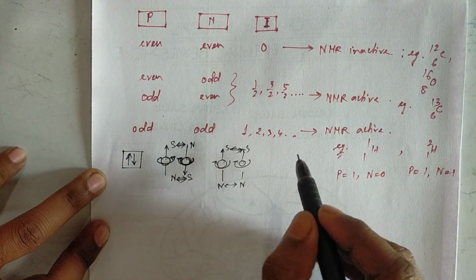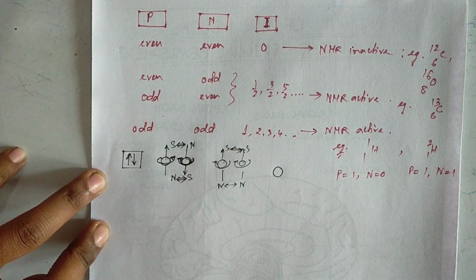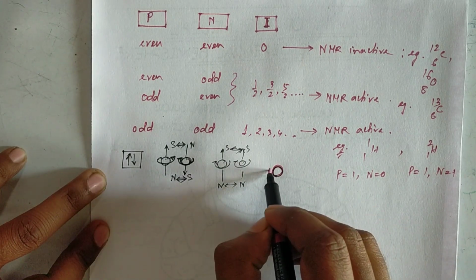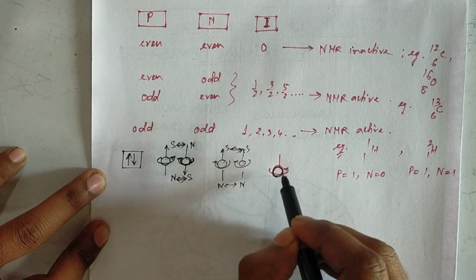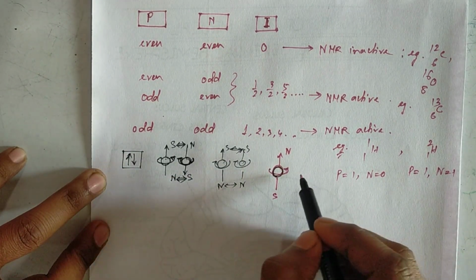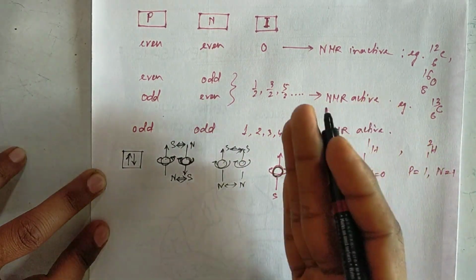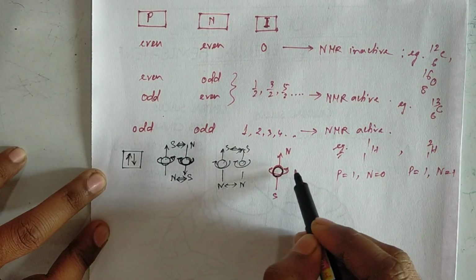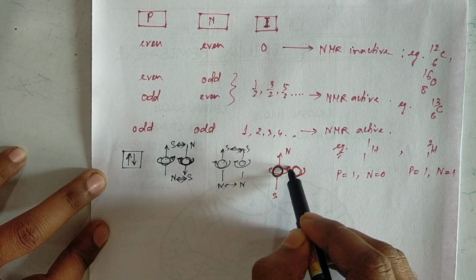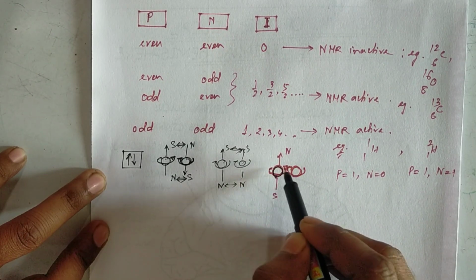So in case of nucleus also, if one nucleus is here, this is one nucleus. Okay, if it is spinning in clockwise direction, then here it will be north pole and here south pole. So if another nucleus wants to stay close together with this nucleus, then it should spin in anti-clockwise direction, because this nucleus is spinning in clockwise direction.